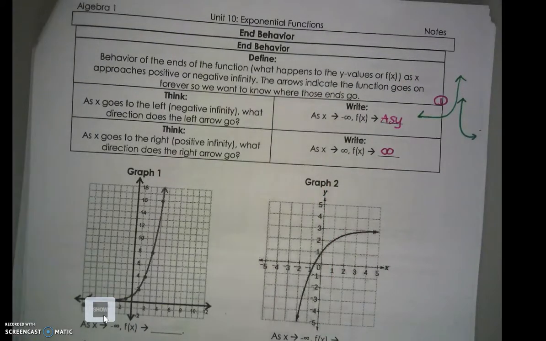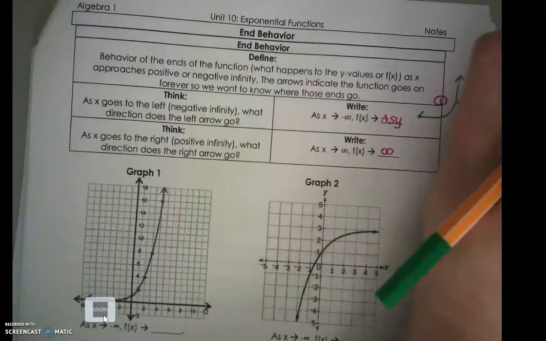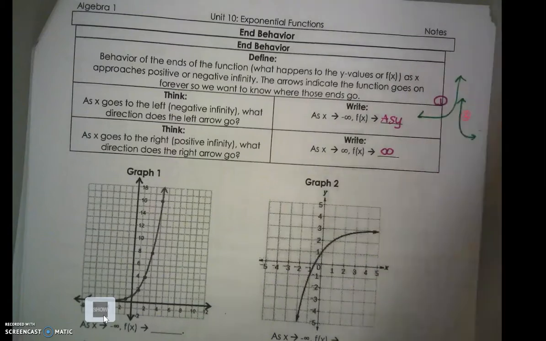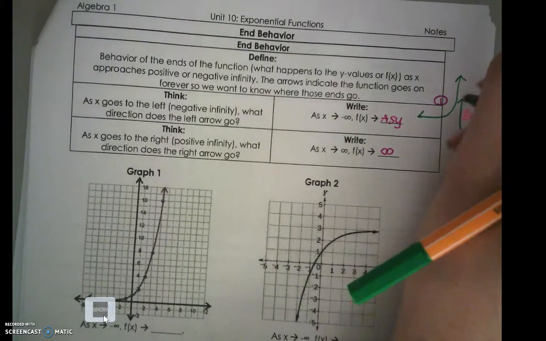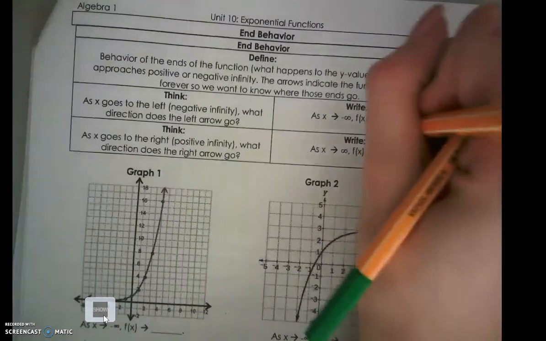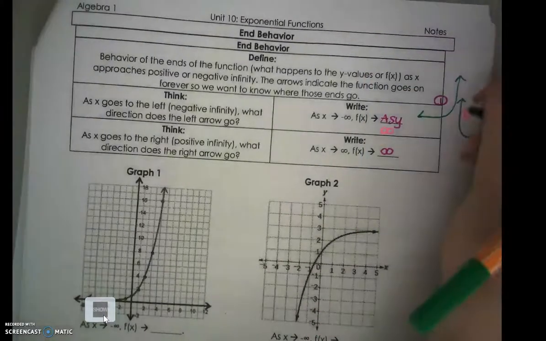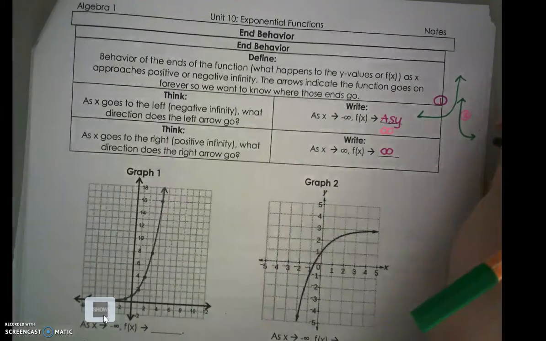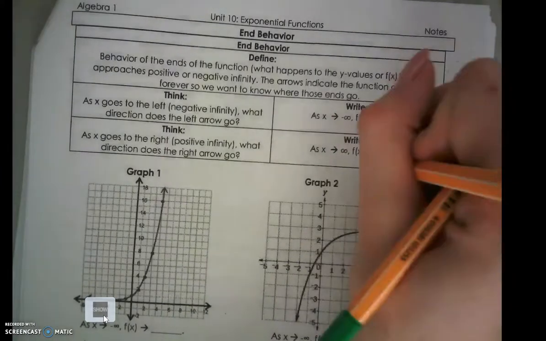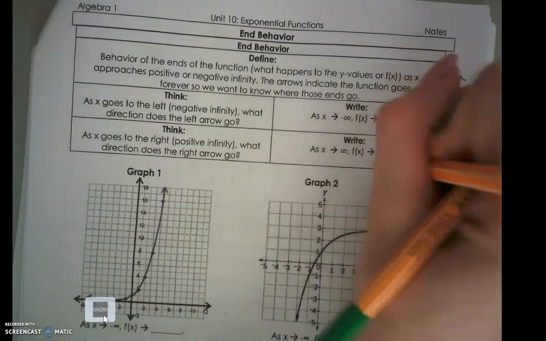We have two different ones right now. In this graph example here, when my x values are negative, I'm headed towards infinity. And as I'm falling down my graph and heading towards positive x values, I'm now reaching my asymptote.